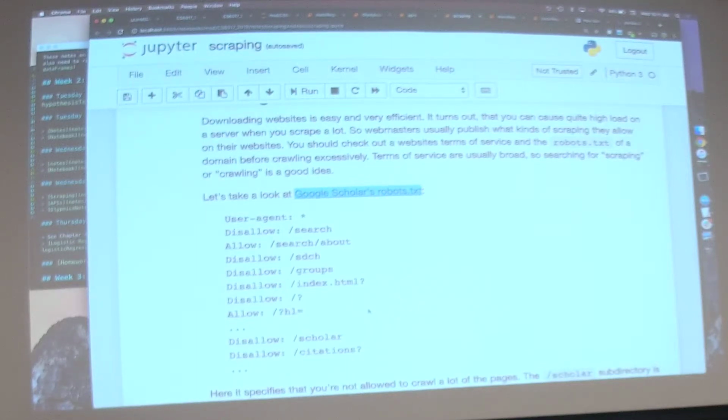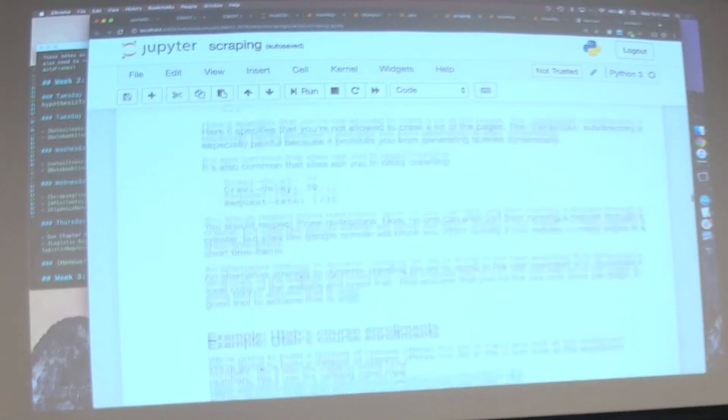They got sued, or Craigslist got them shut down. They were not allowed to scrape Craigslist data, so they got it from someone else, and there was a whole fight over whether they were allowed to do this, and I think they ended up getting shut down. So be careful about the robots.txt.